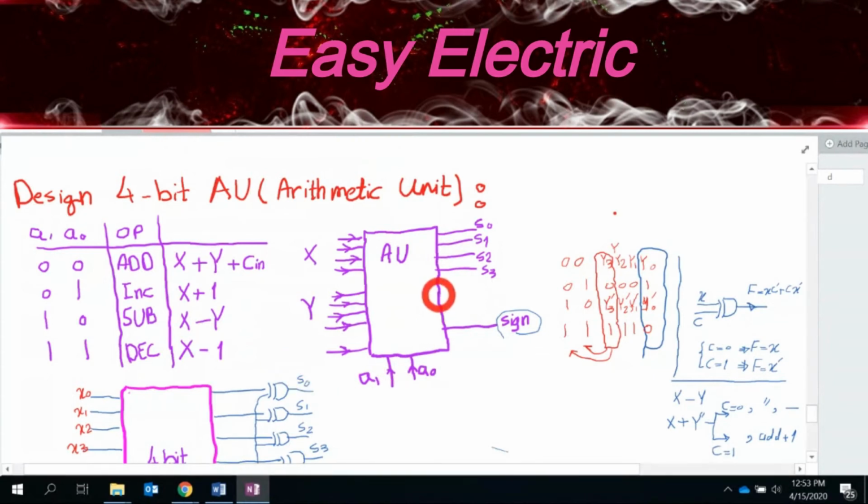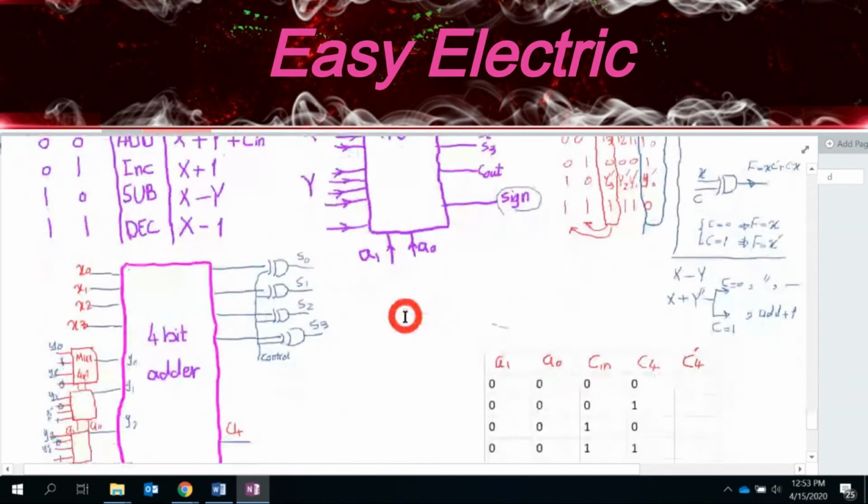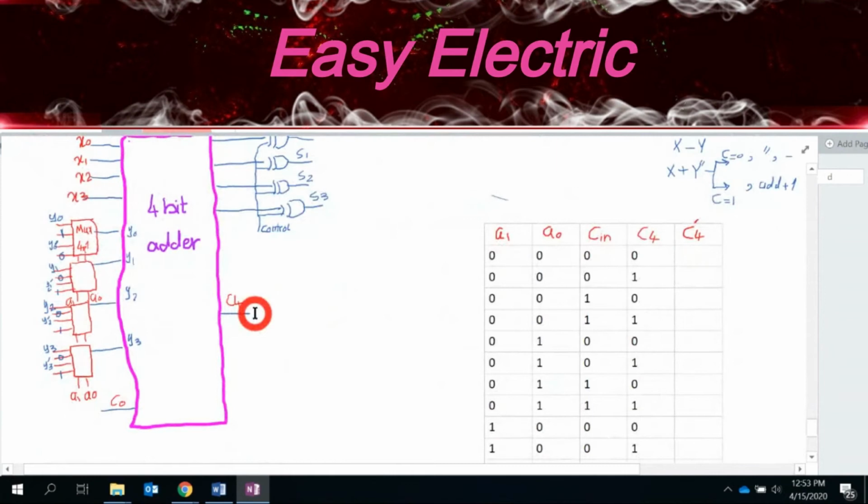Okay, I'm going to change these labels. So I changed this name, not C prime 4. Actually change that to C out. Okay, C out. C out is the C4 for the AU, but the C4 is whatever you have for the 4-bit adder, okay? So that means what I want to do is design the C out, right?